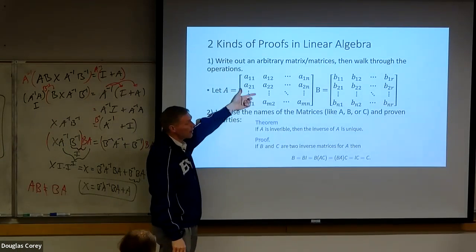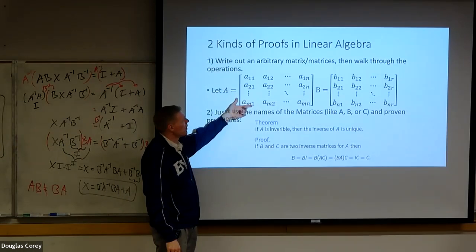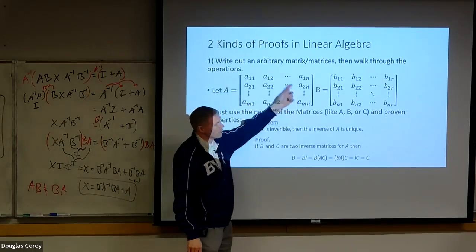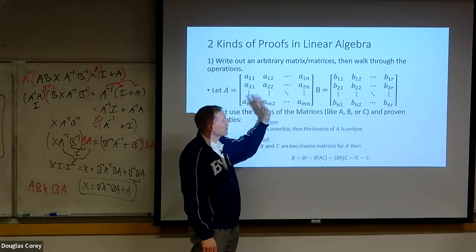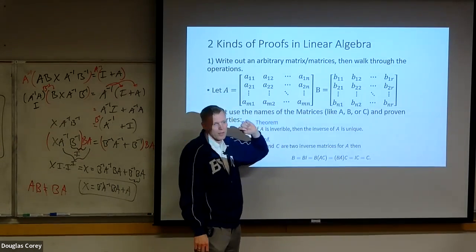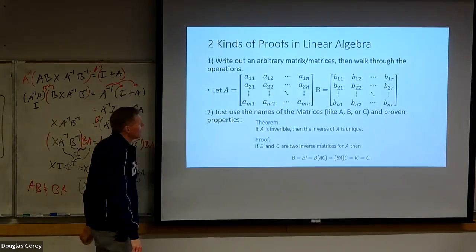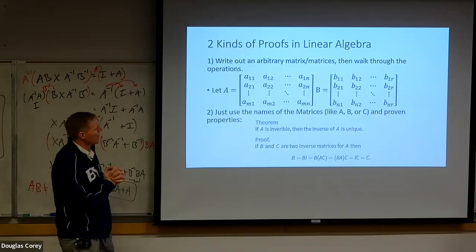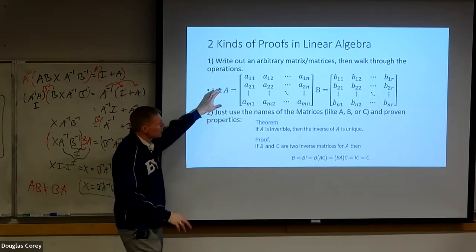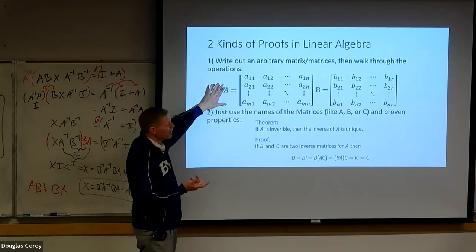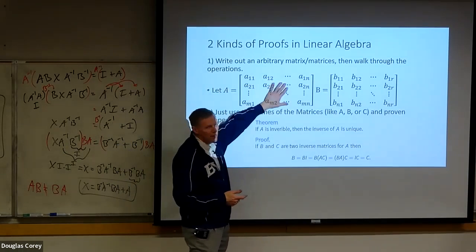This is an example of a way to do a general size matrix: you can write out the entries this way, and you can keep your dots in there as you work through this. A lot of the first proofs that we do in proving basic properties, we end up going down to this level.